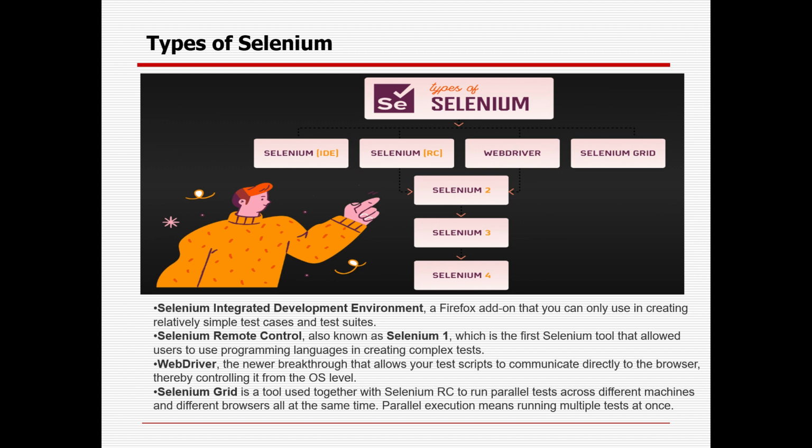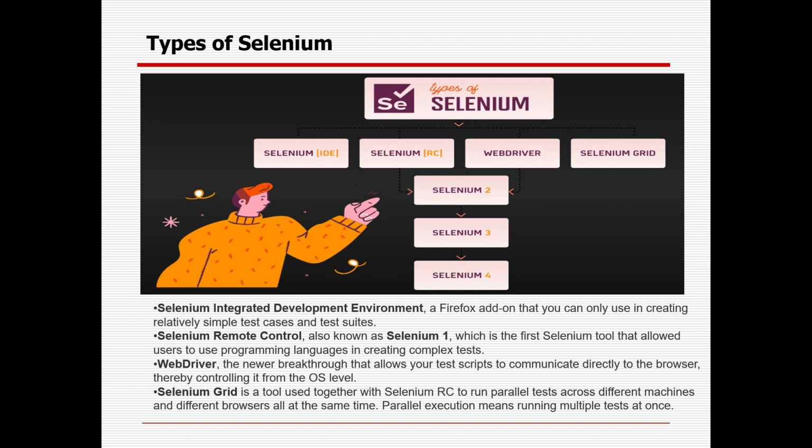Selenium RC, also known as Selenium 1, was the first Selenium tool which allowed users to use a programming language in creating complex tests. Then Selenium WebDriver came into the market, which is the newer breakthrough which allows user test scripts to communicate directly to the browser, thereby controlling it at the operating system level. Then Selenium RC and WebDriver integrated into Selenium 2, 3, and nowadays Selenium 4 is also available.